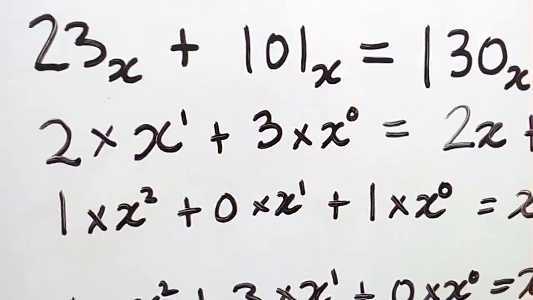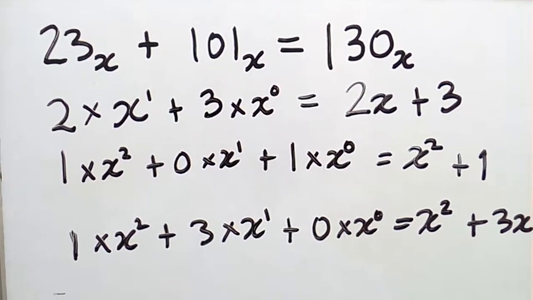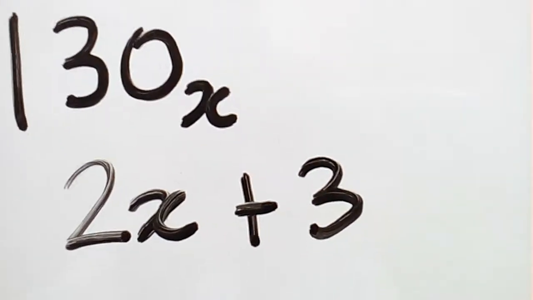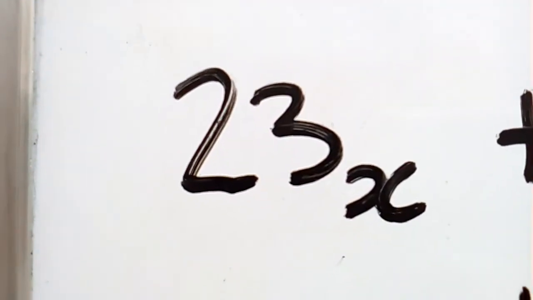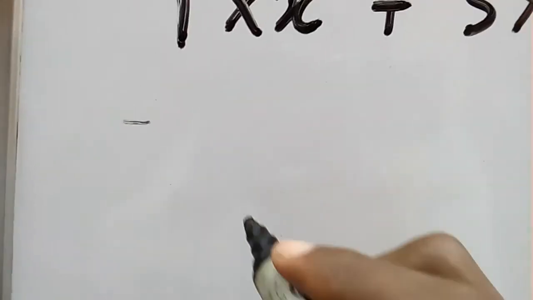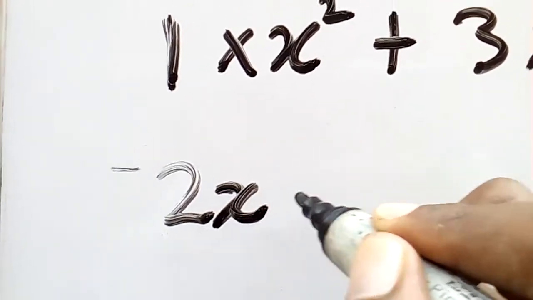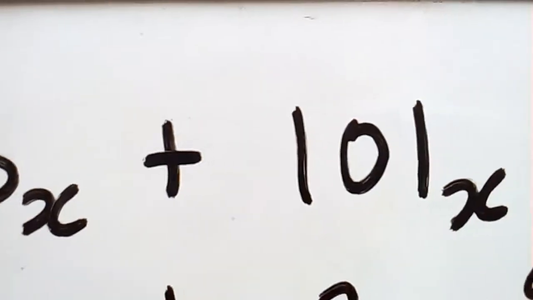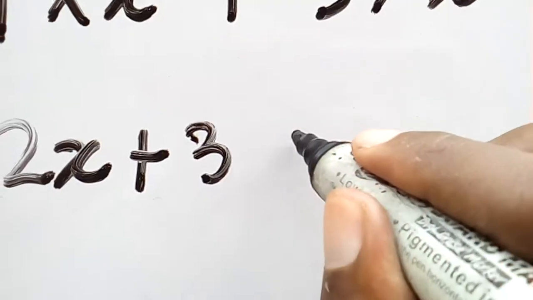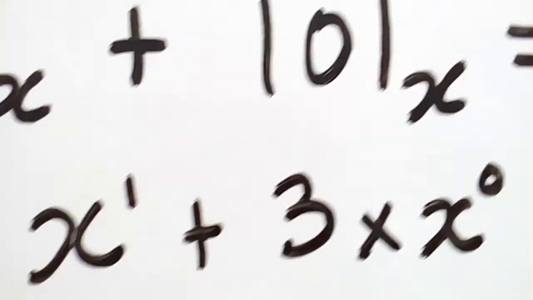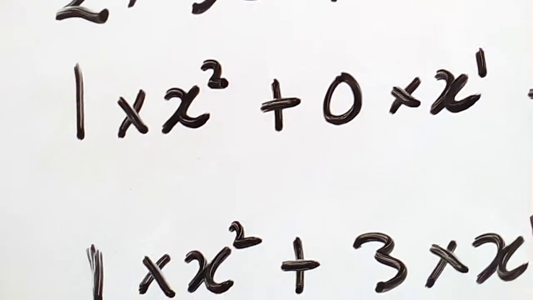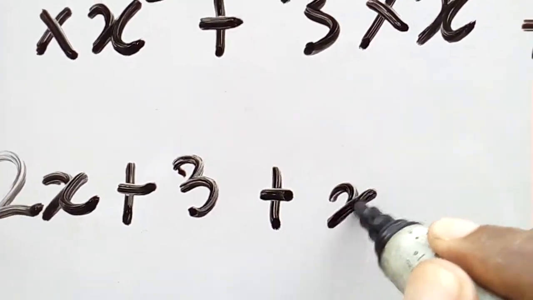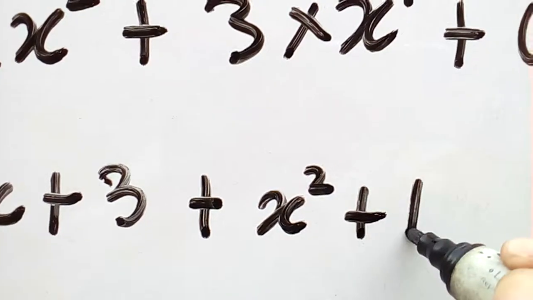So let's combine everything we have, and this is what we're gonna have next. The left hand side is gonna look like this. 2x plus 3 will stand in the place of 23 raised to the power of x, this way. Okay, 2x plus 3. Okay, the next thing, you have your plus. Plus. Now 101 to base x, we handled it and it gave us x squared plus 1. So we're going to go x squared plus 1.